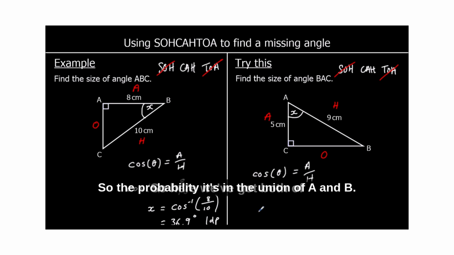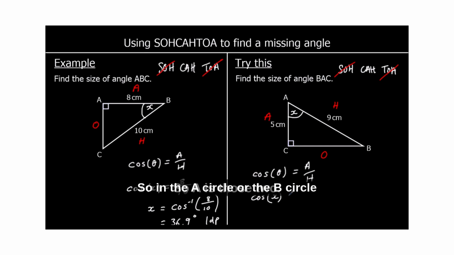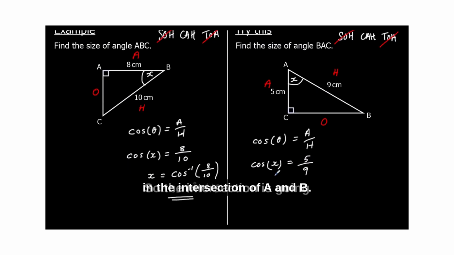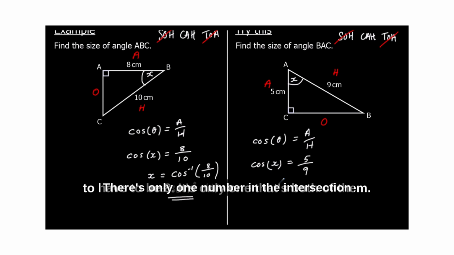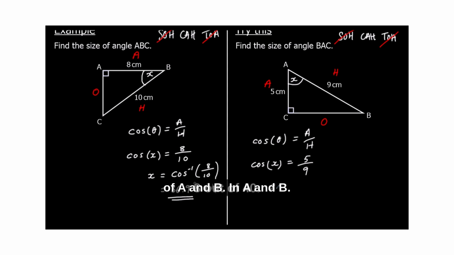So let's substitute in. We've got cos x equals 5 over 9. To get x by itself, we do the opposite of cos, which is shift cos. So x is shift cos, cos minus 1, 5/9.